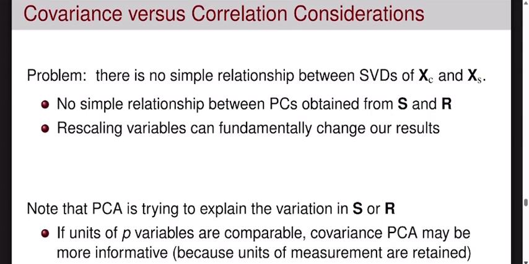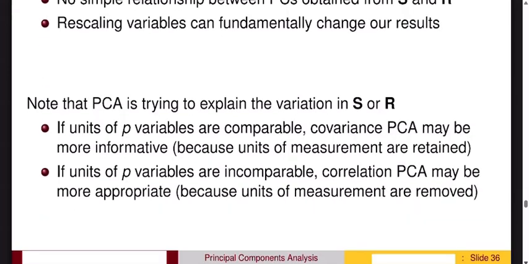But if they don't have the same unit and scale and you use the covariance matrix, then one feature will dominate the other, and the best input matrix to use should be the correlation matrix. Does that make sense? Like I said, PCA is trying to explain the variation in the covariance structure or in the correlation structure.